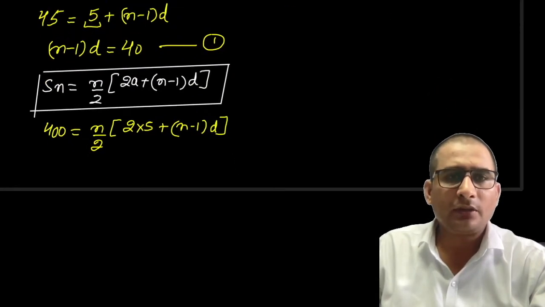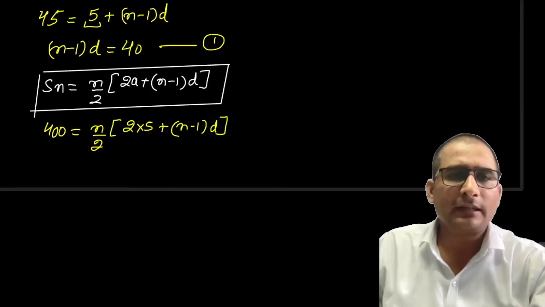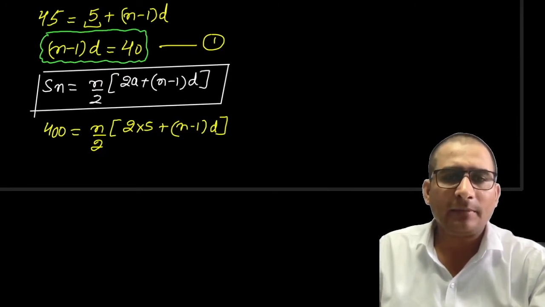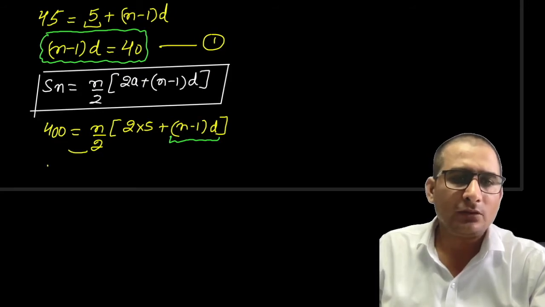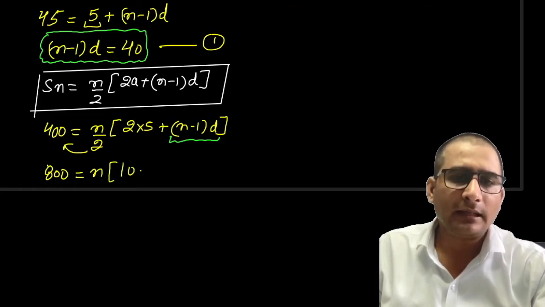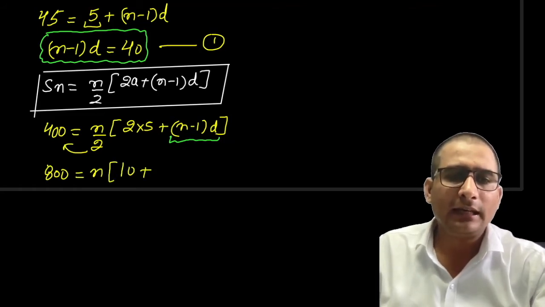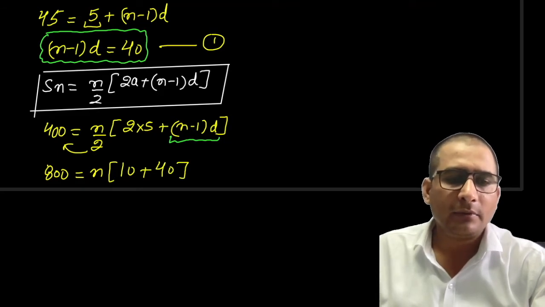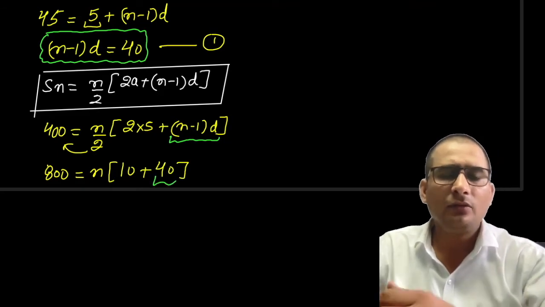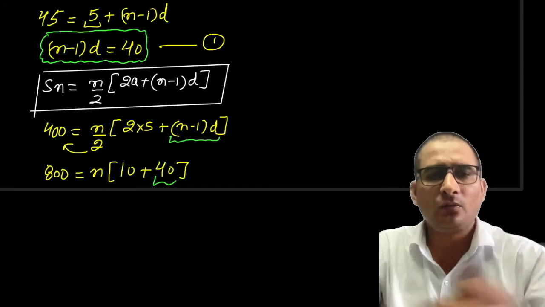Now if you look at equation 1, से आप क्या फाइंड कर सकते हैं, यहाँ पे (n minus 1) into d दिखाई दे रहा है equation 1 में, और यहाँ पे भी (n minus 1) into d दिखाई दे रहा है. So put the values here. So take these 2 on that side. It becomes 800 and it becomes 10 plus यहाँ पे क्या आ जाएगा 40, because (n minus 1) into d is equal to 40 given from equation 1.